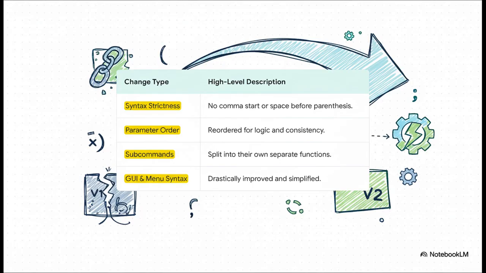The syntax is way stricter now. You can't just start a command with a comma anymore. They've also reordered the parameters on a bunch of commands to make them more logical. Those old subcommands, a lot of them are now just their own separate functions, which is way better. And for anyone building apps, this is huge. The syntax for GUIs and menus is so much cleaner and simpler. The big takeaway here is one word: consistency.